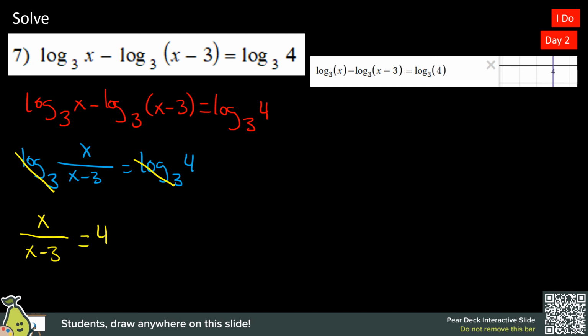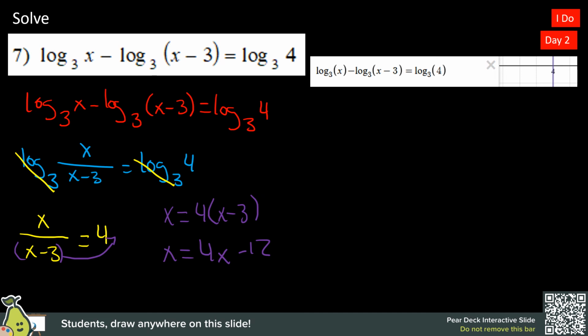To bring these x's up, we're going to multiply both sides by x minus 3. In other words, we could just multiply and kick this up here. So we have x equals 4 times x minus 3. We get x equals 4x minus 12.